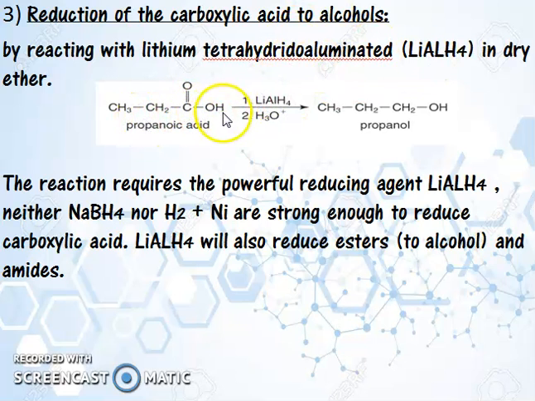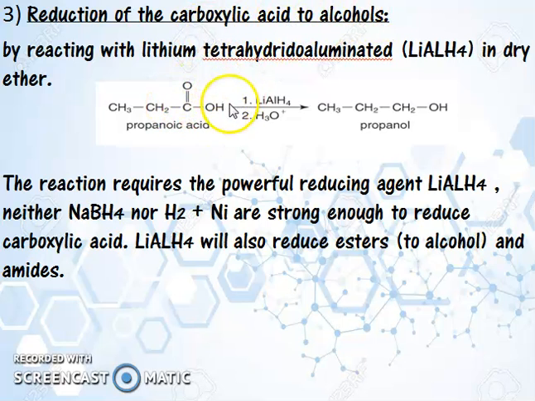The reaction requires a powerful reducing agent, that is LiAlH4, lithium tetrahydroaluminate. Okay, so neither NaBH4 nor H2 plus Ni are strong enough to reduce carboxylic acid. So they use lithium tetrahydroaluminate in dry ether, which reduces carboxylic acid to alcohol.